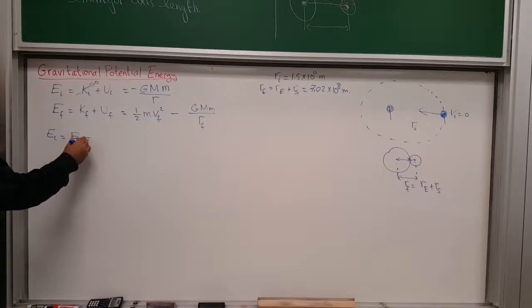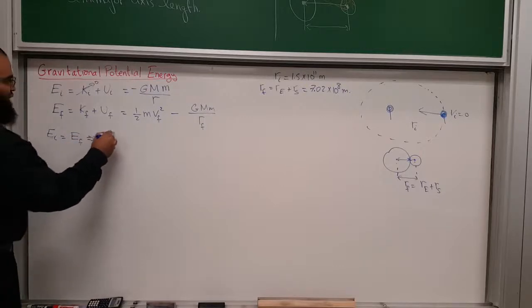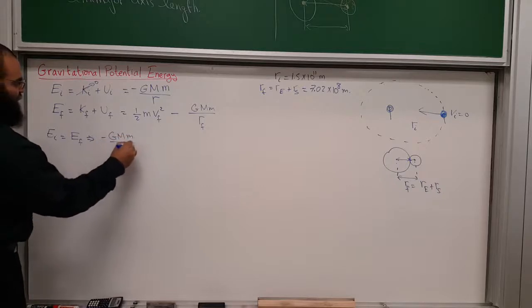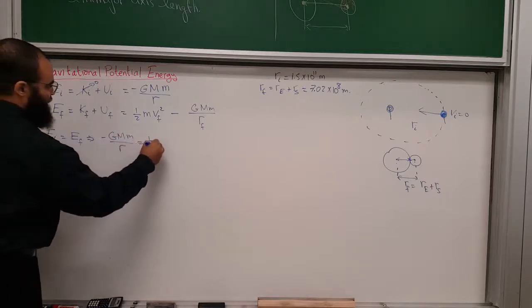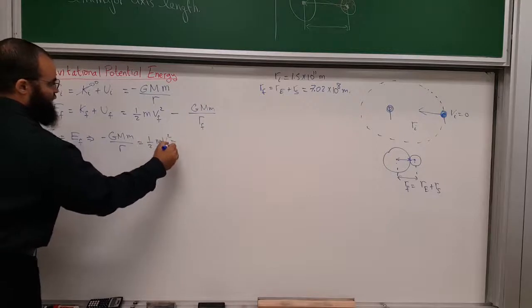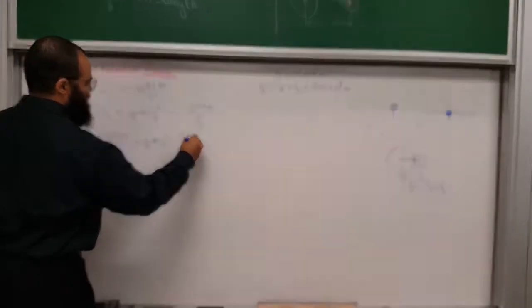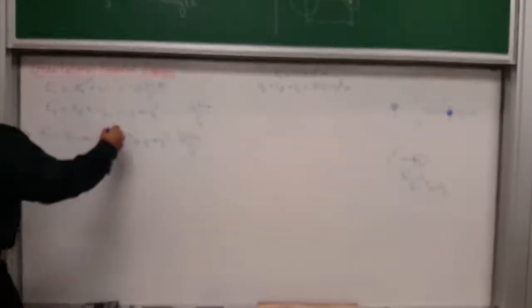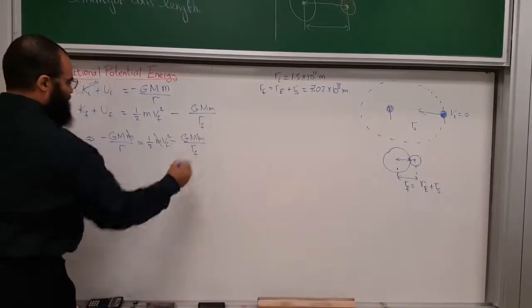And so we get negative capital G capital M little m over r initial is equal to 1/2 m v final squared minus capital G capital M little m divided by r final. And you notice the mass of Earth simply goes away.